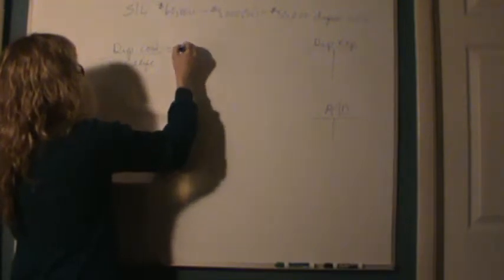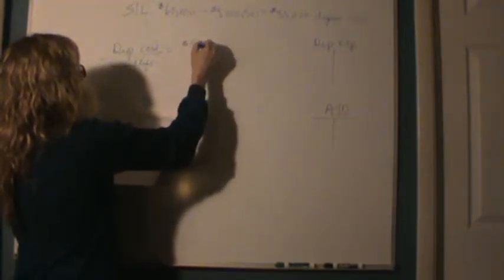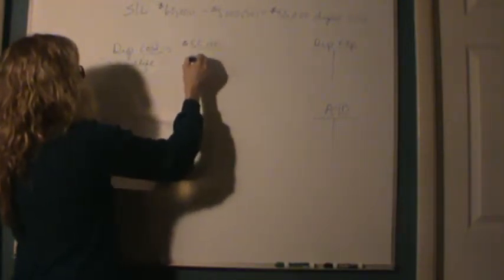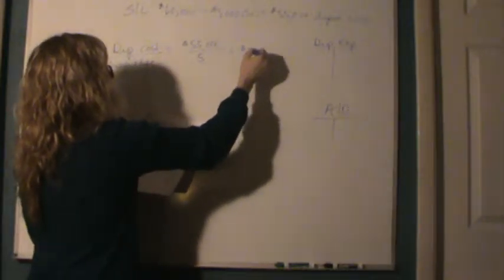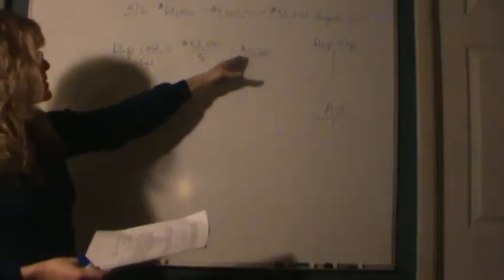Our useful life is 5 years, so we take 55,000 divided by 5 years. That means our depreciation expense each and every year will be $11,000. Again, this is for straight line, so we have an even amount of depreciation for each of the 5 years.